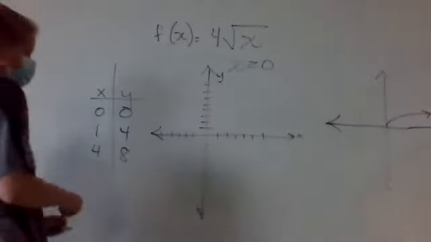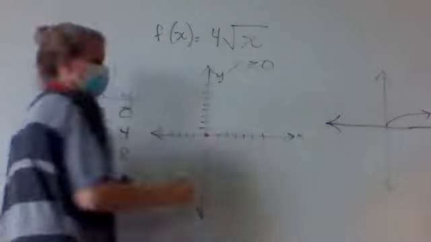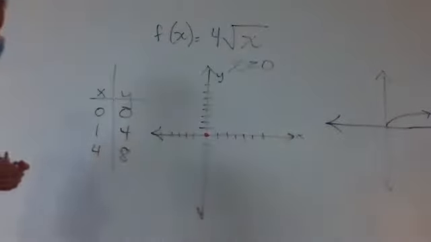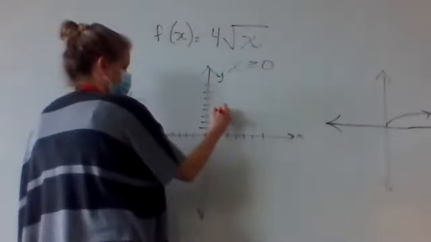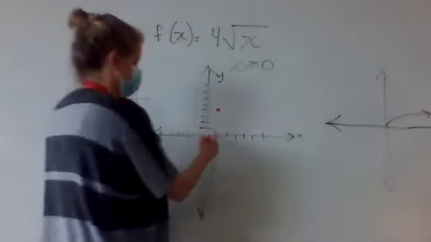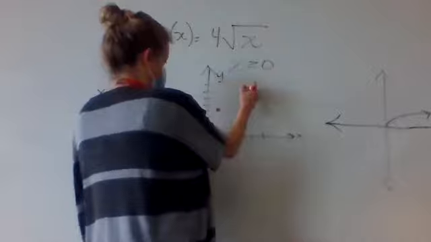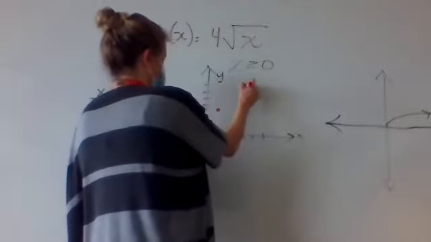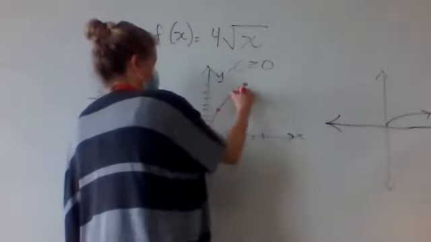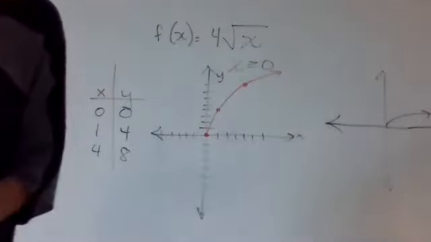So (0, 0). (1, 4), so to the right 1, up 4. And (4, 8), which is to the right 4, and then up 8. So there's what the graph of 4 square root of x looks like.